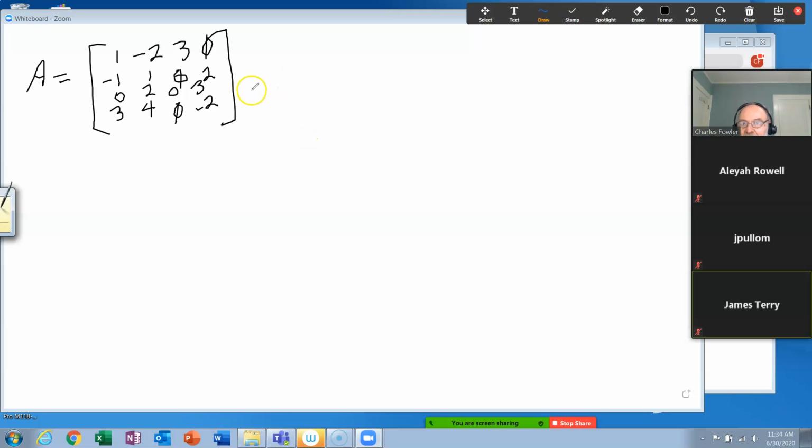Now, how do you find the determinant? Determinant of A is going to be the determinant of this thing. And I think you can probably see some problems coming. What would you choose to do?